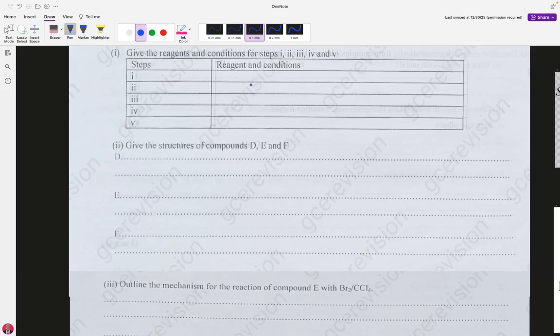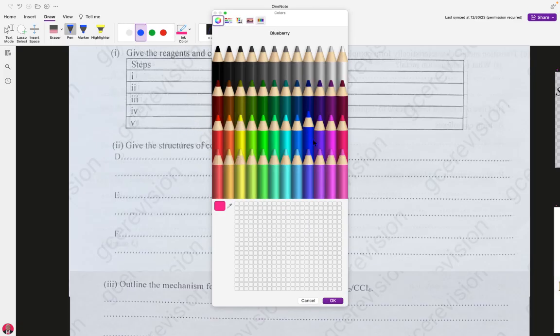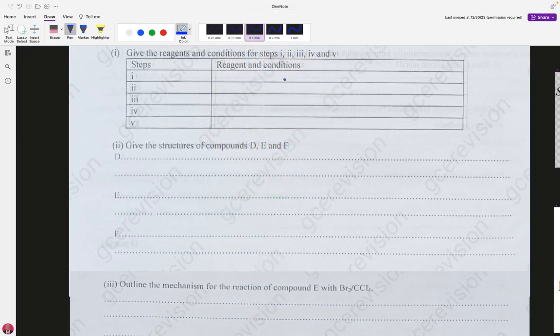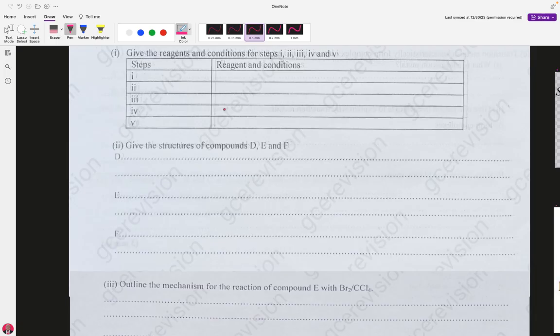For step 1, the reagent here is bromine. The reagent is the bromine molecule. And since the conditions are under UV light, this is a free radical substitution reaction.